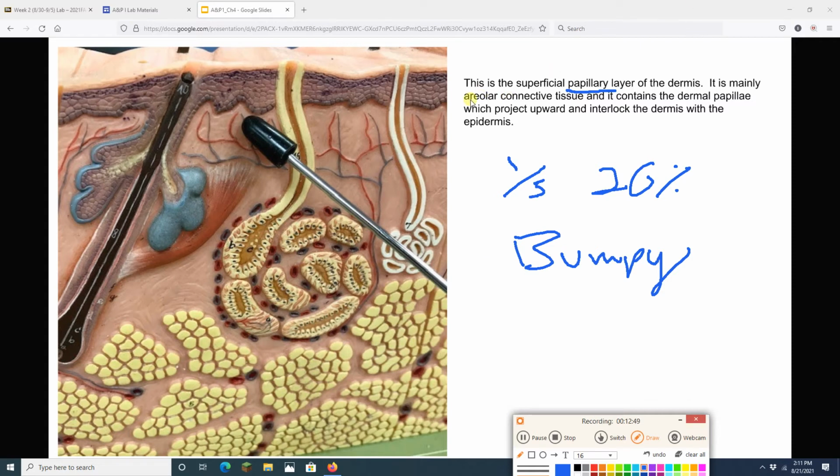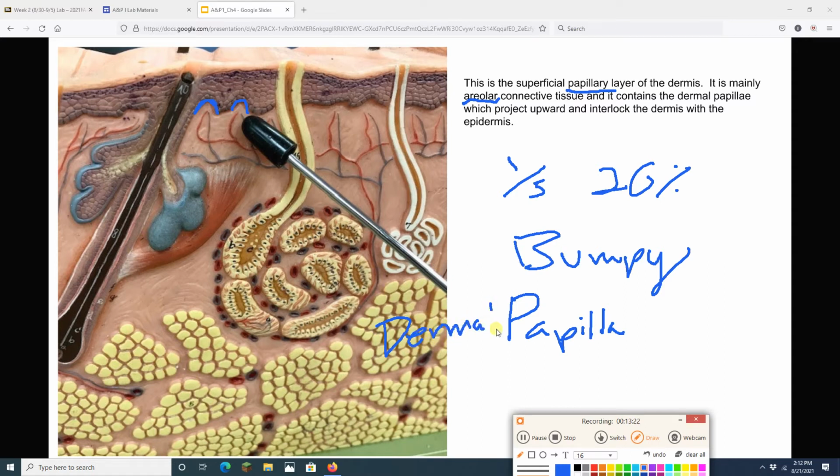It is made out of this connective tissue type called areolar. We will meet areolar connective tissue in lab number 4. It is quite lovely. Now, the bumps, so like this bump right here, that bump of dermis, we don't actually call it a bump. We call one of those a papilla. Now, in fact, in your body, there's lots of different papillae.